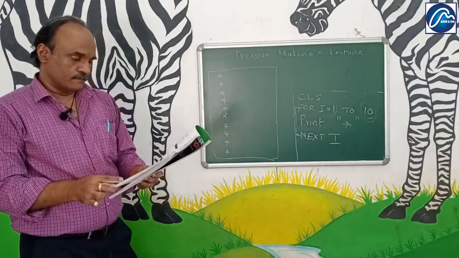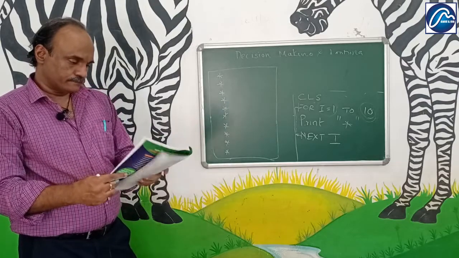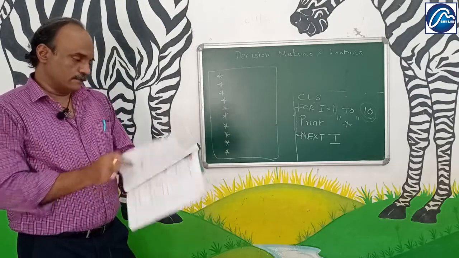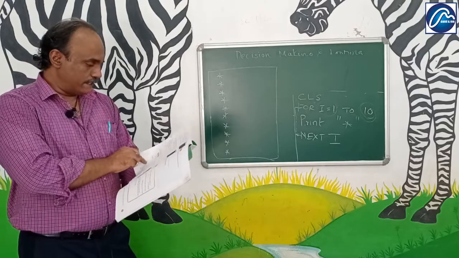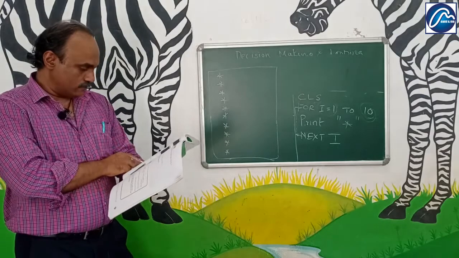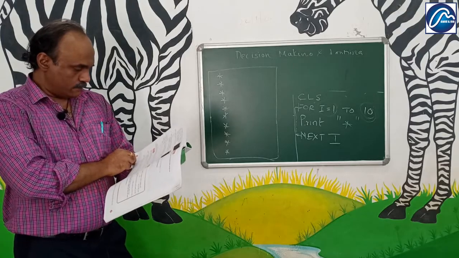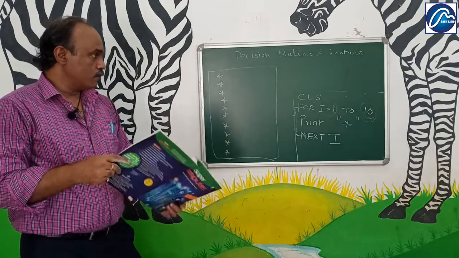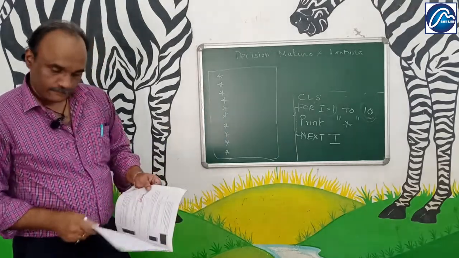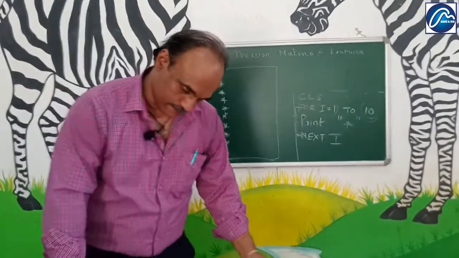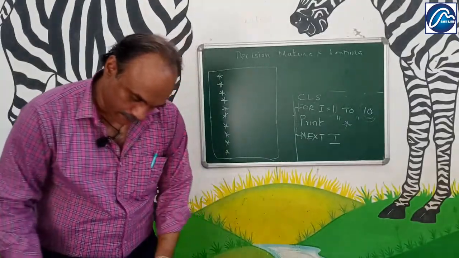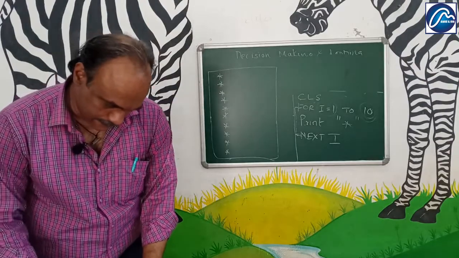So this is about the for next loop. I will write down two more examples which are not in your text, but they will be easy for you to understand.